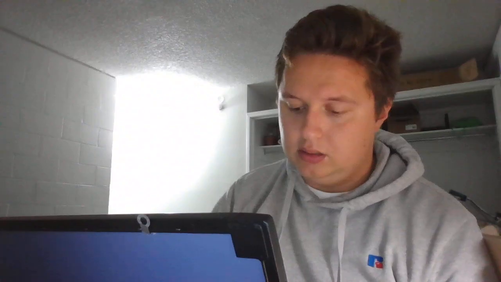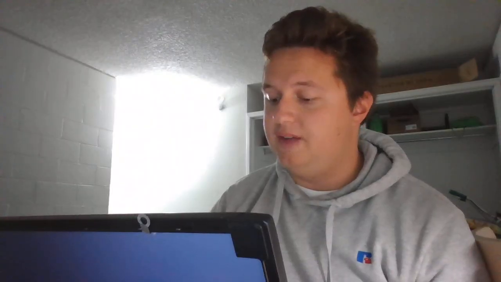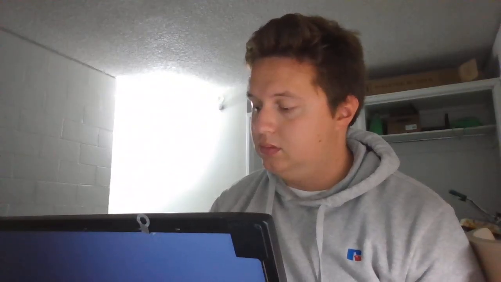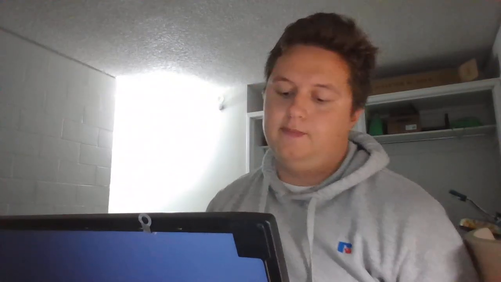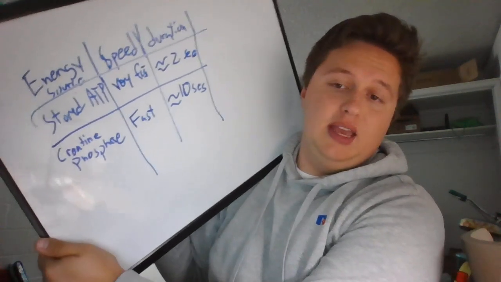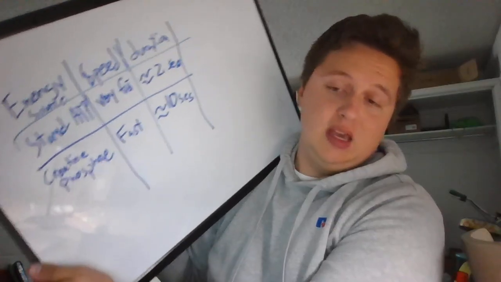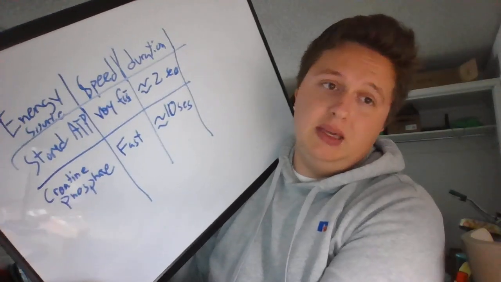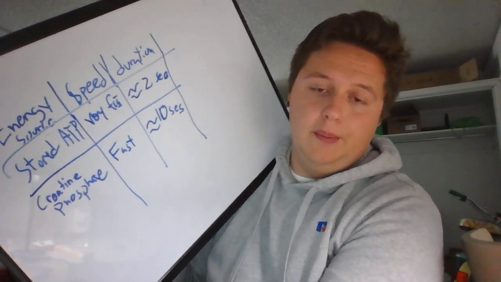Creatine phosphate. This one is pretty fast, and it's about 10 seconds. This one is like sprinting, and it's good because it can replenish ATP very quickly, but it still doesn't last very long.